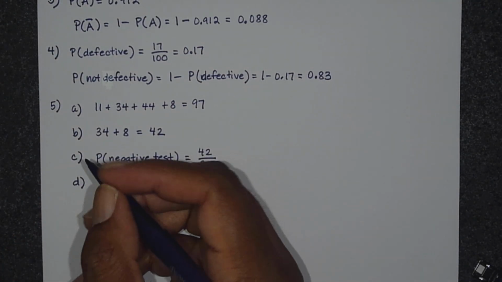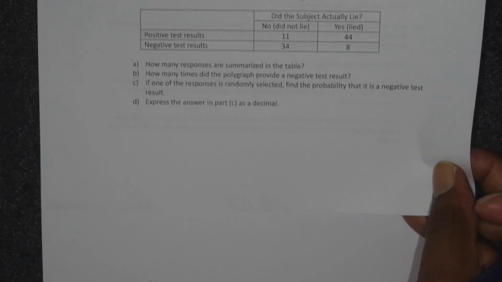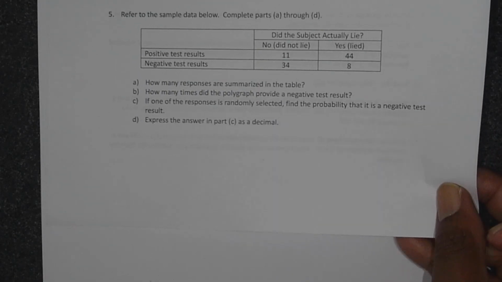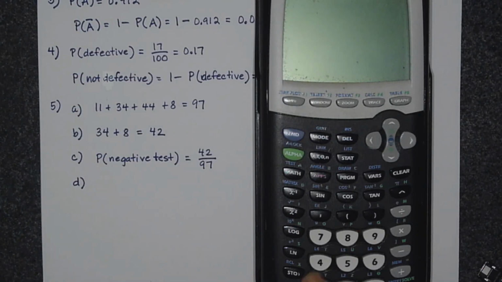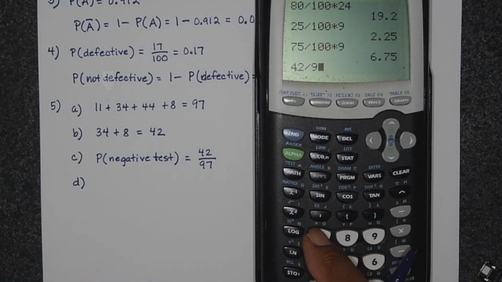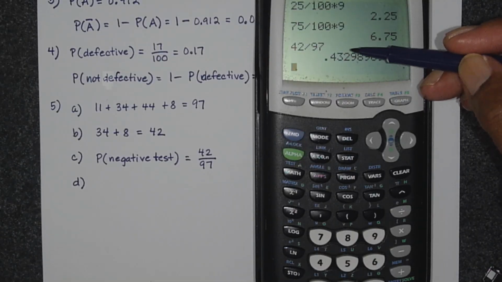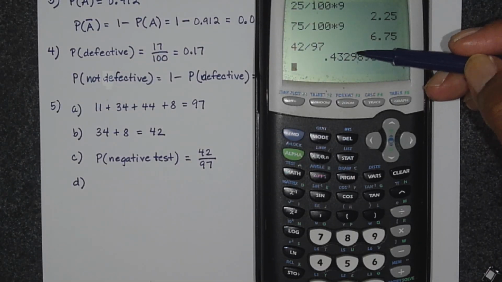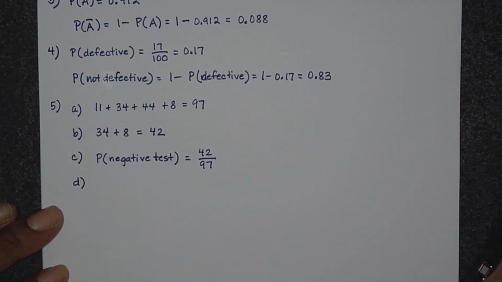Because in part C, they just asked for you to express the answer as a decimal, and we're going to say to 3 decimal places. Okay, so if you do 42 divided by 97, we have a 2 in the 3rd decimal place. The 9 makes it 2 or 3, so it'll be 0.433.